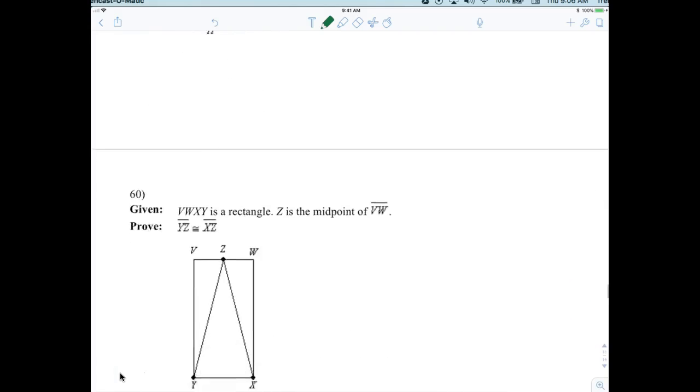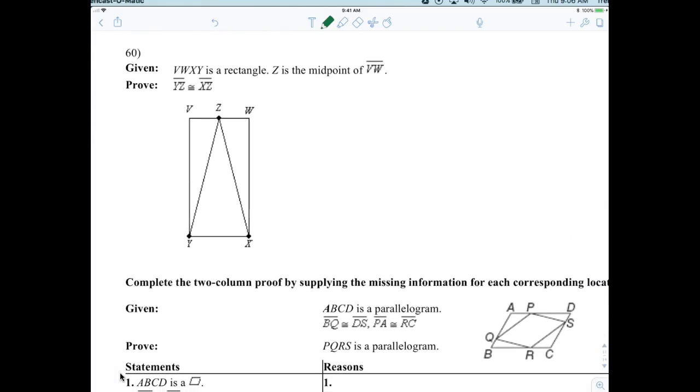So let's try the next one. Very, very similar. It's the rectangle, right? Z is the midpoint. If Z is the midpoint, then those two are equal by what? Definition of midpoint. Because it's a rectangle, these angles are congruent, because all right angles are congruent.